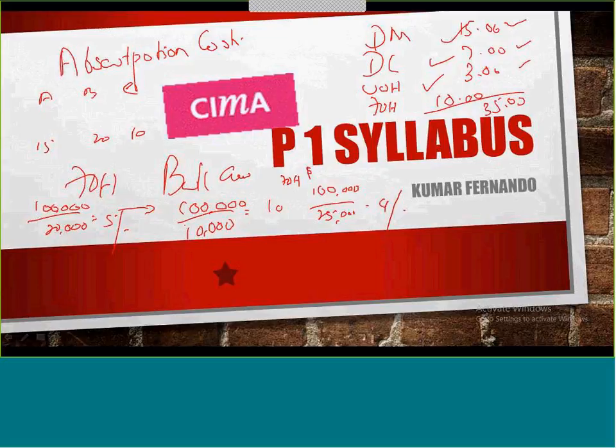100,000 is the overhead cost. So the apportionment is according to the machine hours, 4 per machine hour. So if the product is going to take 10 machine hours per unit, the overhead cost for product A will be 4 into 10, 40. If B takes 5 machine hours, they will say 4 into 5, 20.